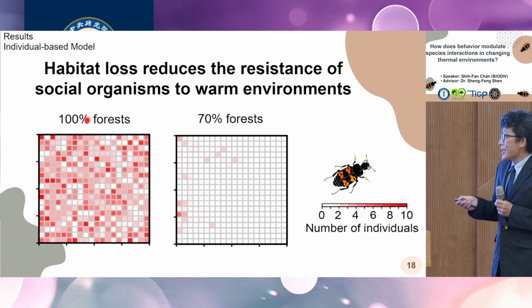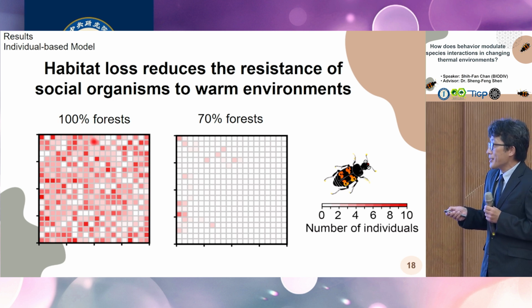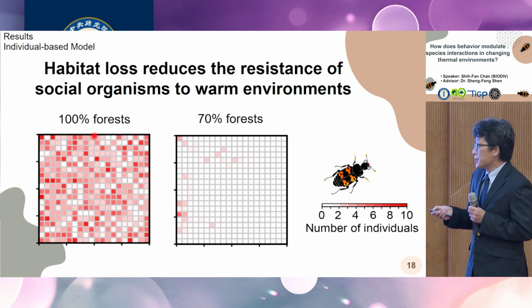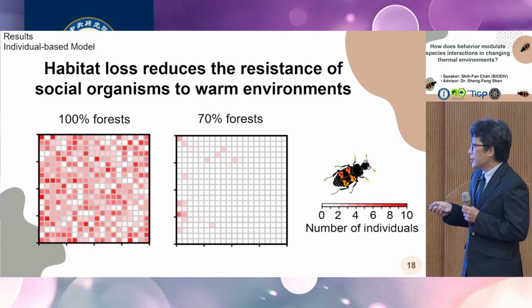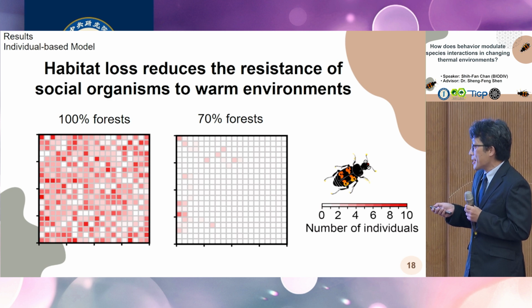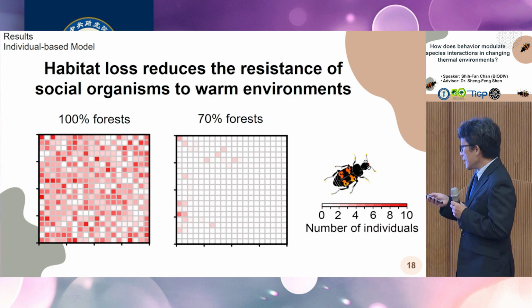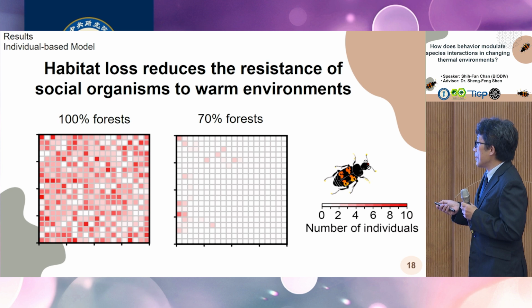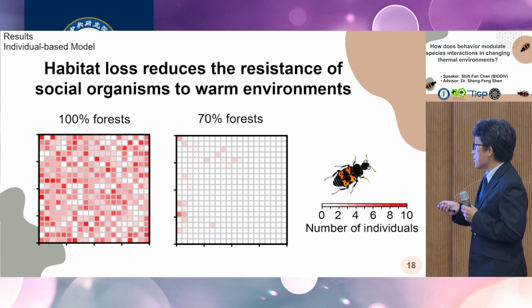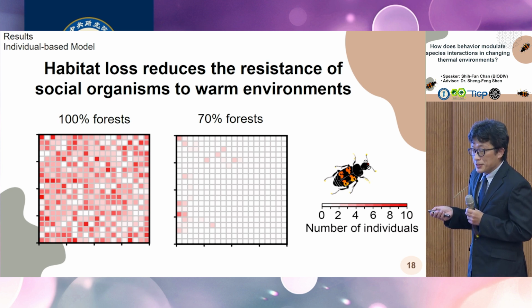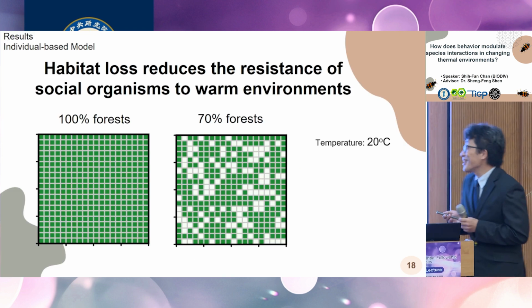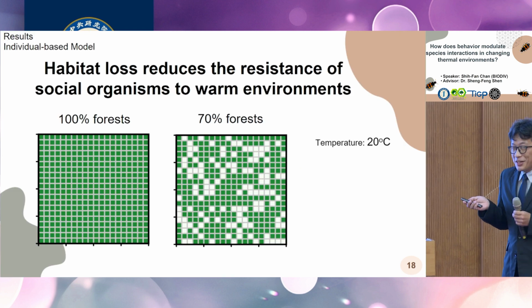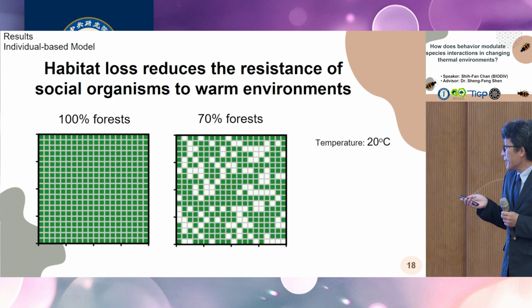One is an intact habitat with 100% forest. The other is a habitat suffering from 30% forest loss. And then we performed the simulation using the reproductive parameters and behavioral parameters of the beetles under 20 degrees Celsius, which is a relatively harsh temperature for the beetles.